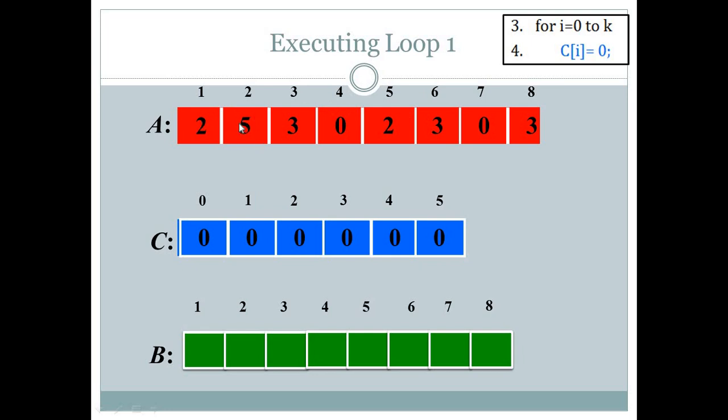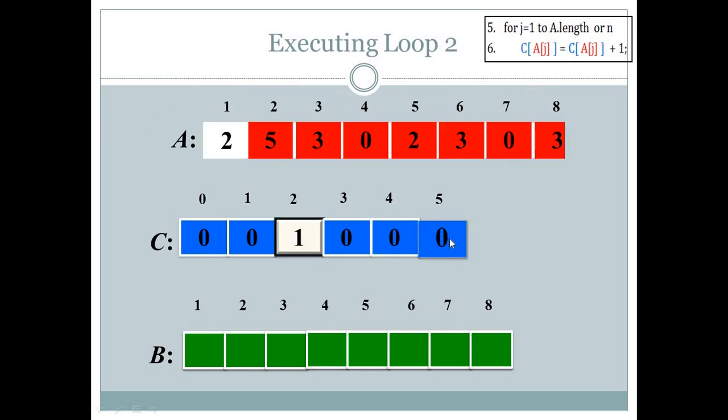You can see here 2, 5, 3, 0, 2, 3, 0 and 3. So i to k means 0 to 5. We have to create our third array C and put C[i] equal to 0, so from 0 to 5 all elements will be 0. This is the execution of loop 1. We have put all the zeros into our array.